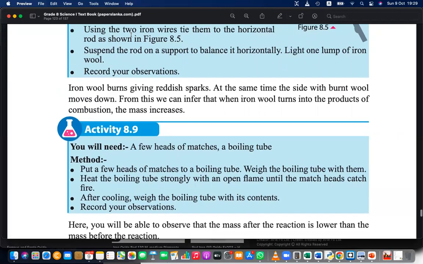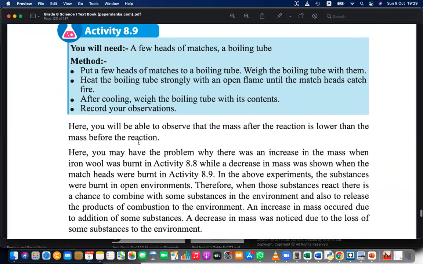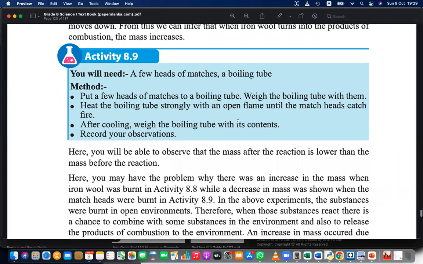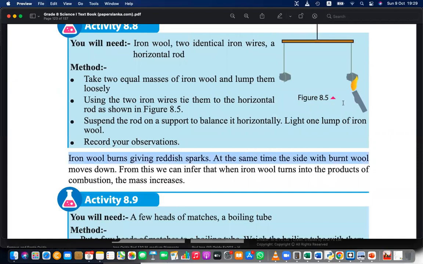So the law of conservation of mass says, when substances react, here the substances will burn in the open, and hence you will be able to observe that mass after the reaction is different from mass before the reaction. Here mass after the reaction is high and mass before the reaction is low.